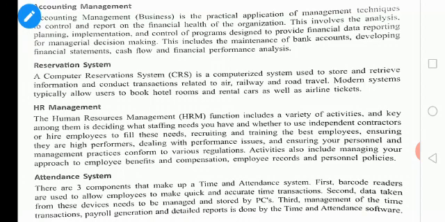Modern systems typically allow users to book hotel rooms, rental cars as well as airline tickets. So if you are planning to move to some area, with the help of the internet itself, at home we will be booking the tickets. Even in that place we will be booking the hotel rooms also, tickets, everything.